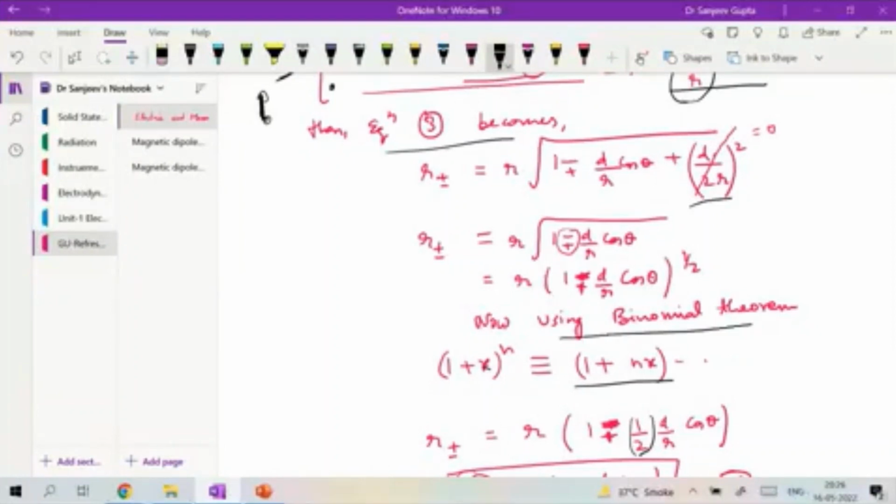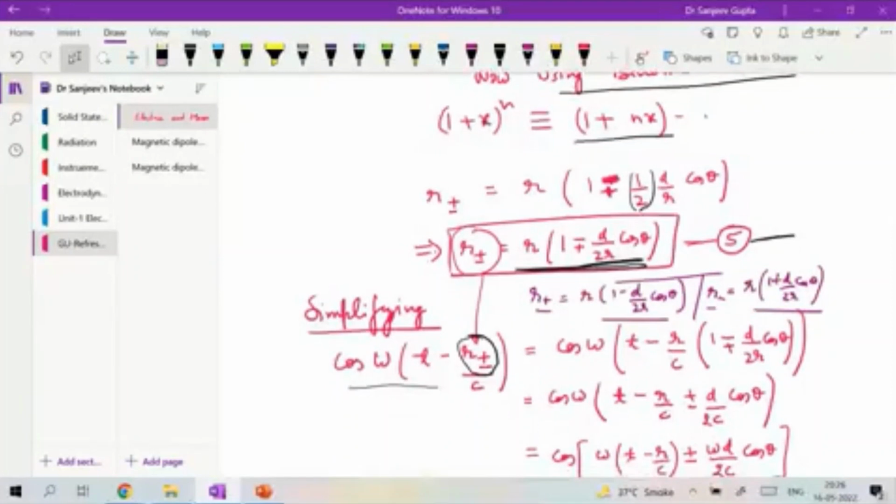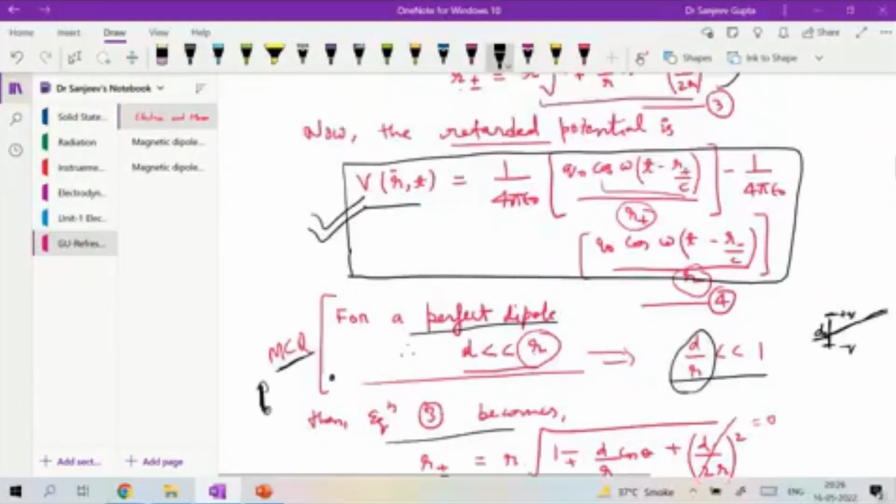Now we can use the binomial theorem, and the binomial theorem has this form. So therefore I have equation number 5: R plus minus is equal to R 1 minus plus d by 2R cos theta. Now, again, I'm going to simplify this expression.